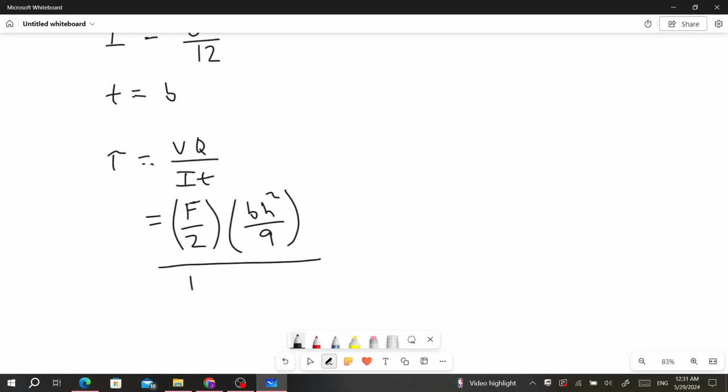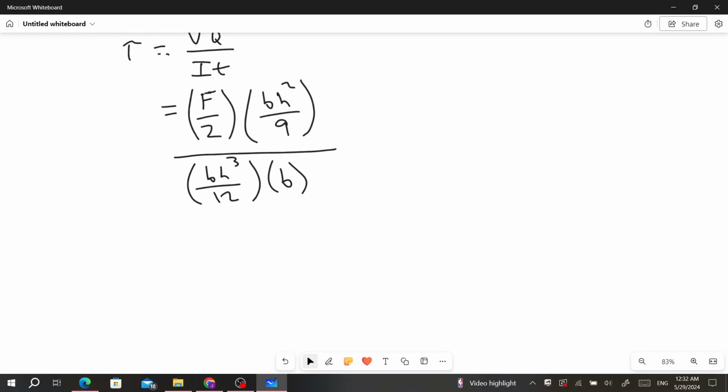And then over I, which is bh cubed divided by 12, thickness t, or b, sorry, t is equal to b. Now you notice I've dropped the sign. Our shear force V was negative F over 2. For now, I'm just going to calculate the magnitude of this shear stress, and then you can get the sign if you're drawing a stress element by inspection. We'll look at that in the future. But for right now, we're just getting the magnitude of the shear stress, so we're not going to worry about the sign on that shear force.